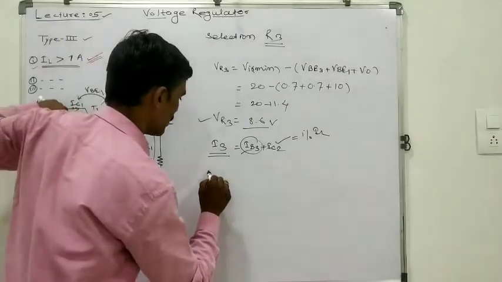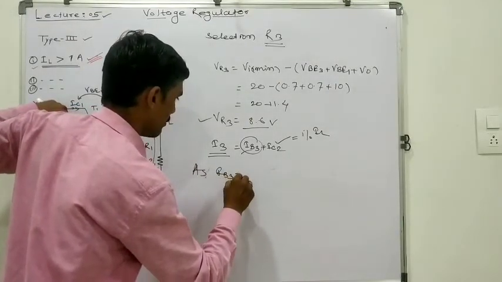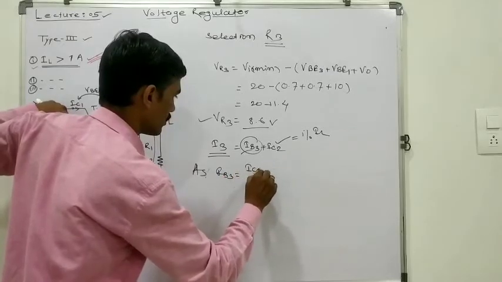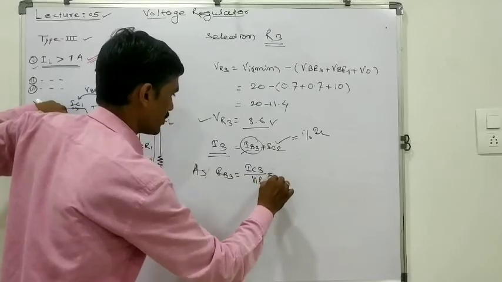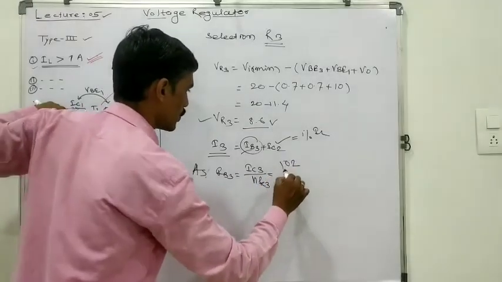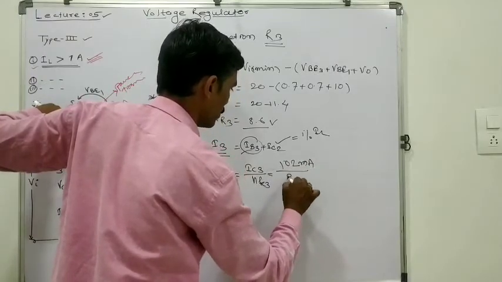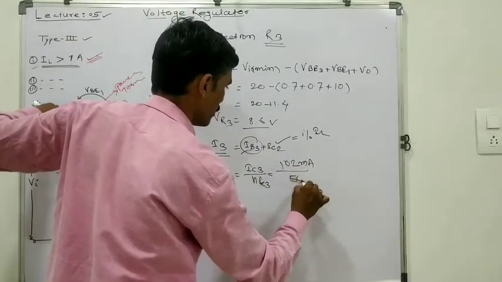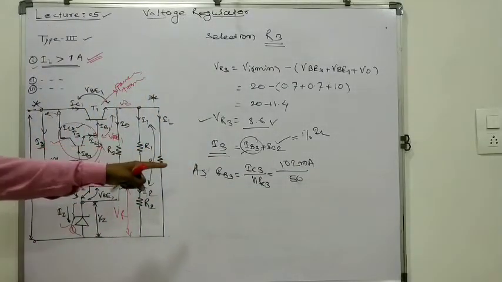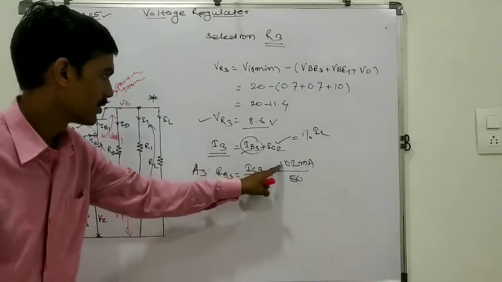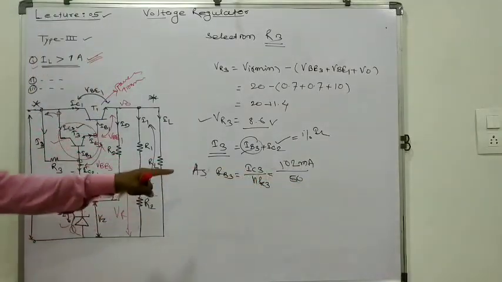So IB3 is equal to IC3 divided by HFE3, 102 milliampere divided by HFE, and we are considering HFE as 50. So we get the value of IB3.